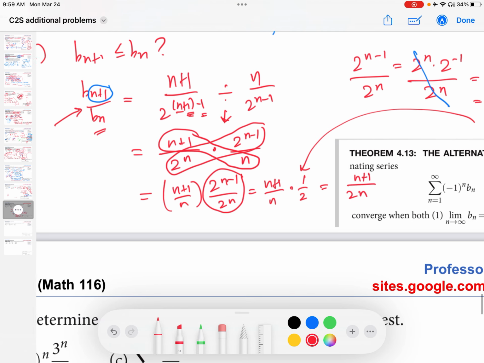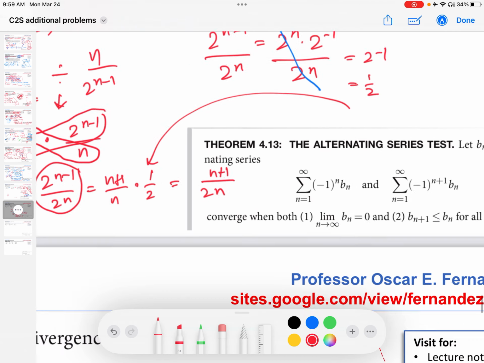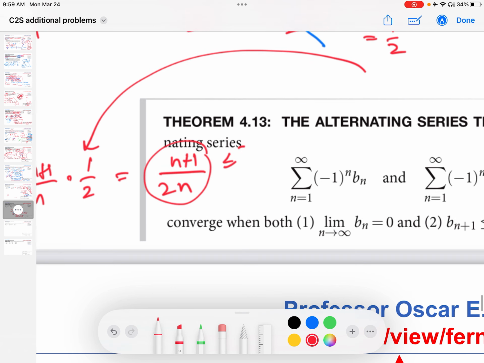And question, remember from our ratio rule, I wanted to know if this was less than or equal to 1. So I'm going to look over here and ask myself, is this less than or equal to 1? There are a variety of ways you could answer that question. One of them is you could just divide things out. So n plus 1 over 2n, if I do this division, so n over 2n, that's 1/2, plus 1 over 2n. Here we go.